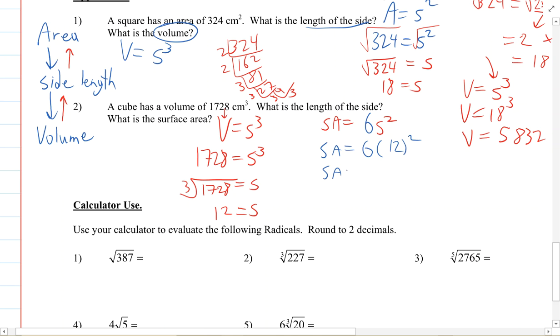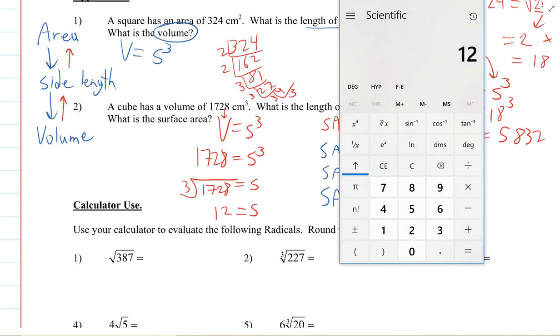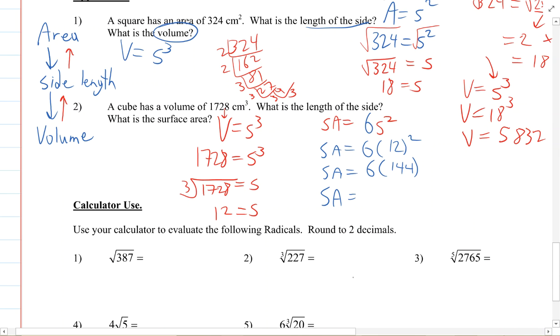Surface area equals, doing BEDMAS, 6 times 144. Which equals 864 centimeters squared.